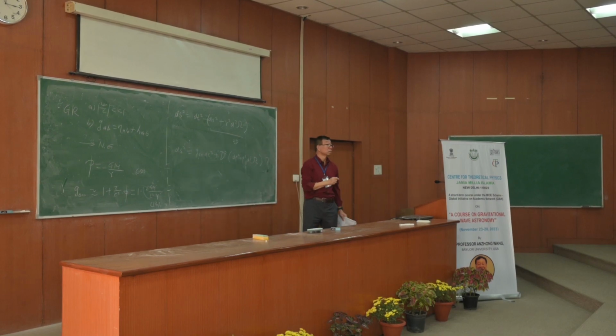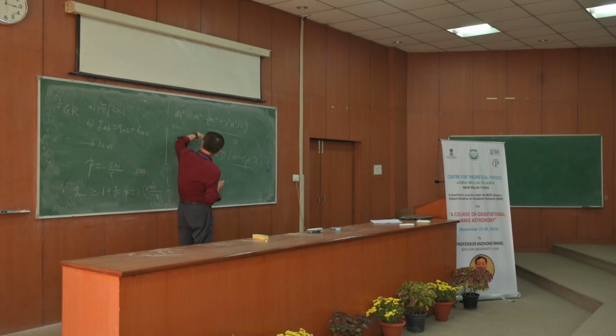This is a question. So why do I want to do this? Because you can say if t equal constant, I have something similar to this one, right? But of course I have a function here, and this can depend on rho. So this is called isotropic coordinates.